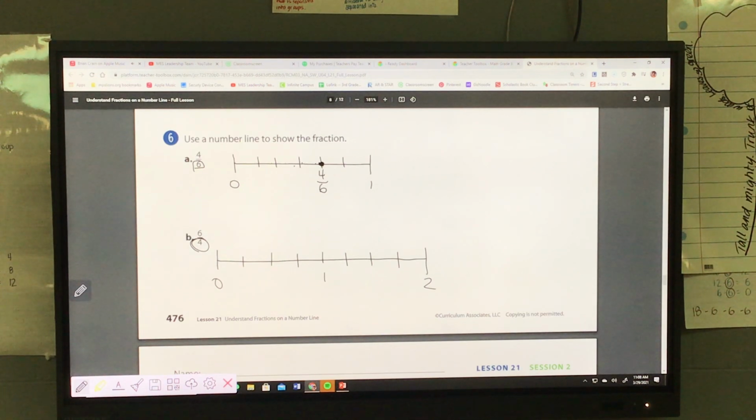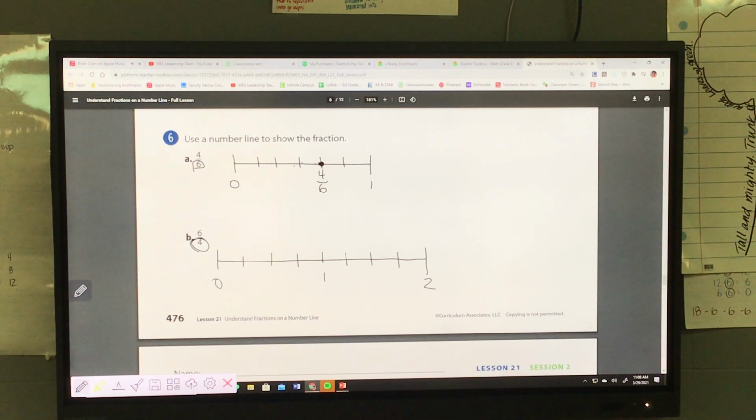Count again. This tells you how many you're moving across.